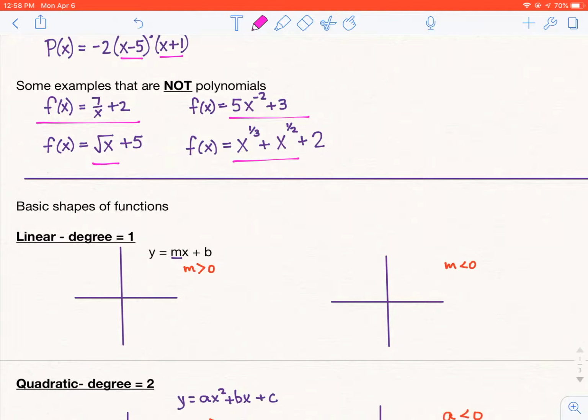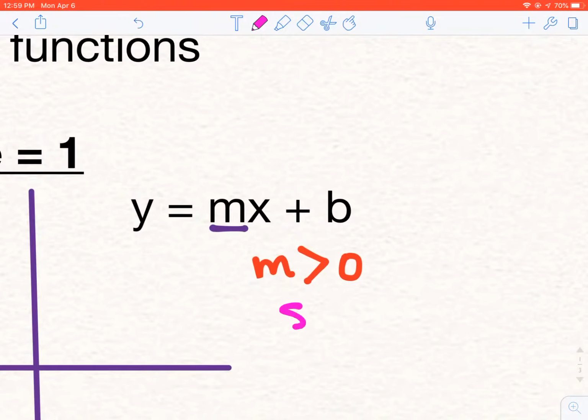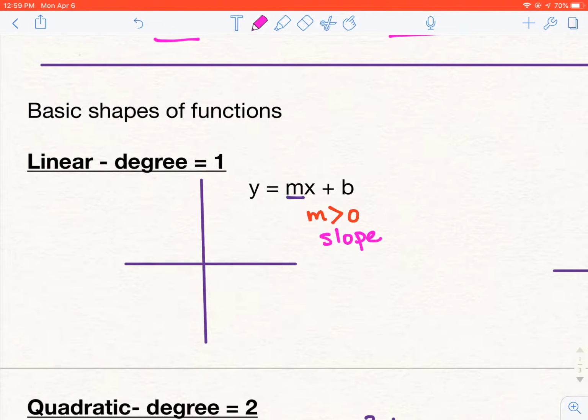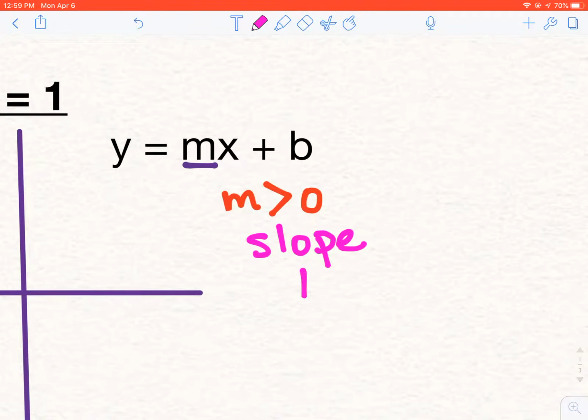With the first degree, the linear ones, we know that m, our slope, is our leading coefficient, right? mx plus b. m is all about the slope. I'll write that down here. It's all about the slope. And we know that when a line, that's my leading coefficient in this case, is equal to m, and that's my slope.